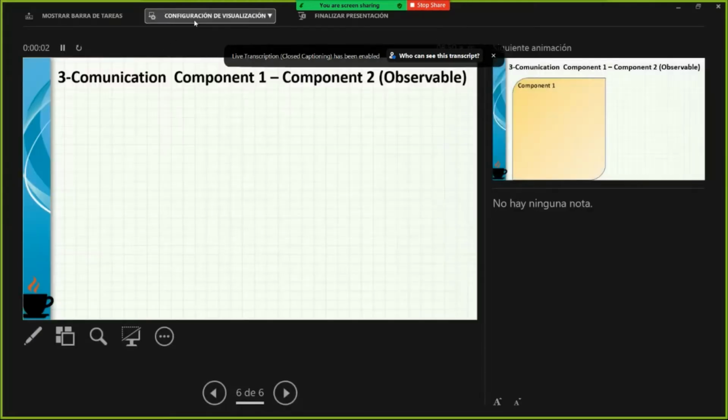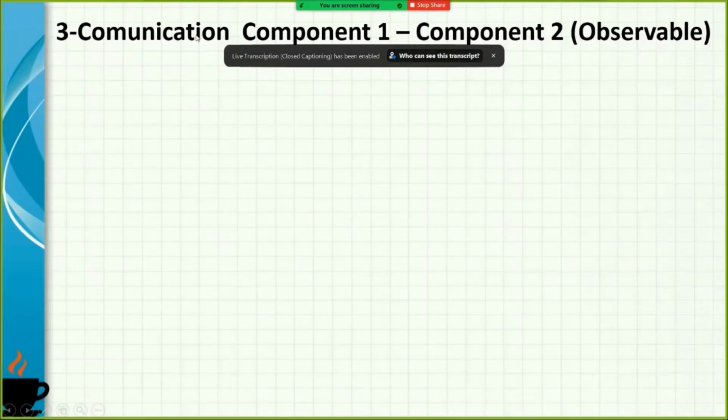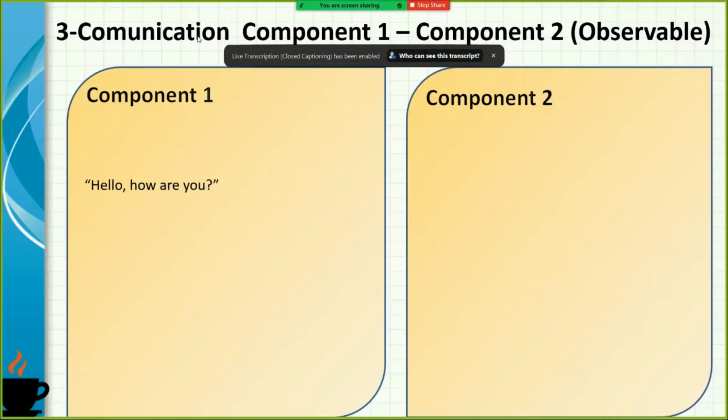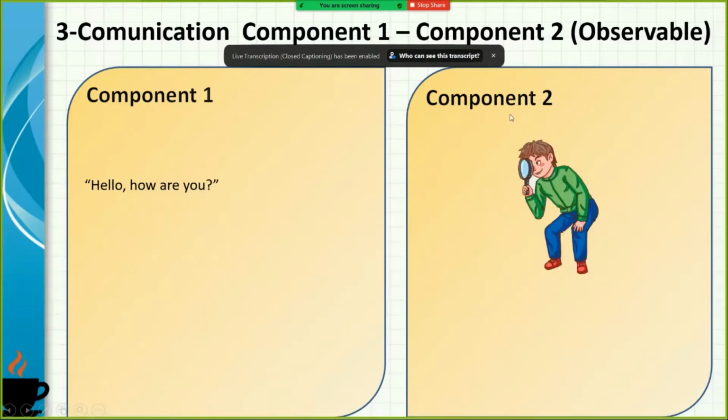At this point we can implement an observable. For example, if I have a variable in a service, this variable can be observed by one or more components to watch for a change in this variable.